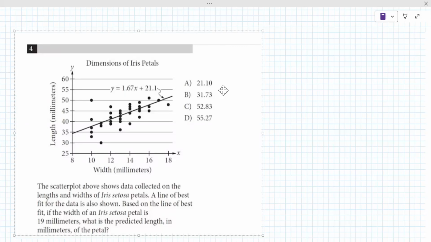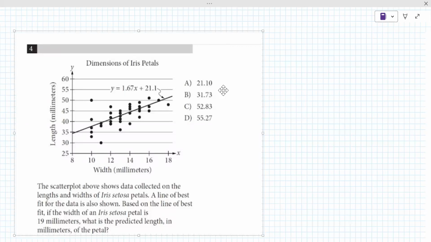I think it'd be 52.83. Okay, and how confident are you in your answer? I'm pretty confident, but not as confident. The last one I was 100% sure about. This one I sort of have 2 answers, but I feel pretty confident about this one.